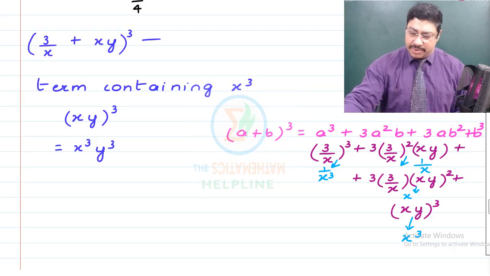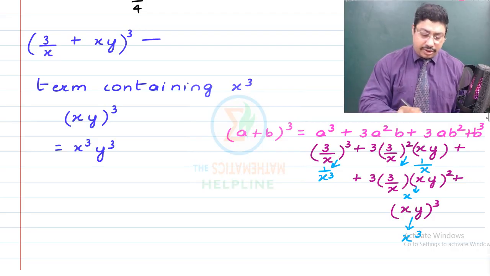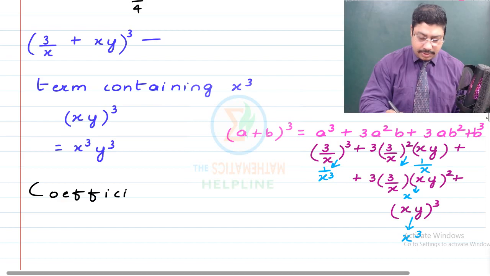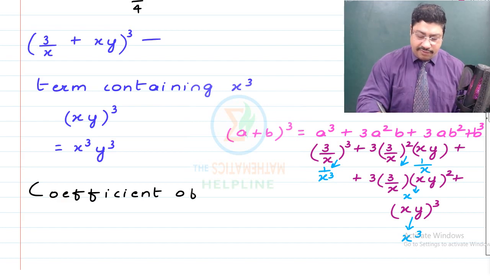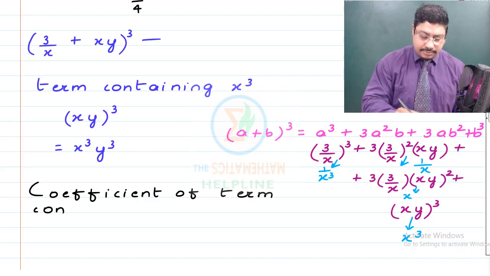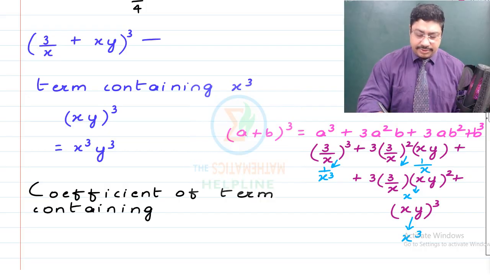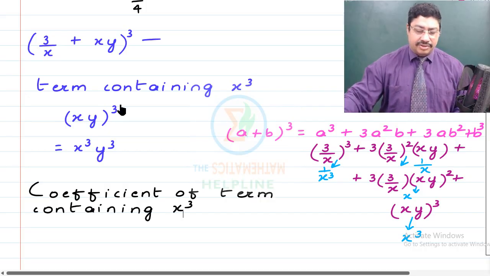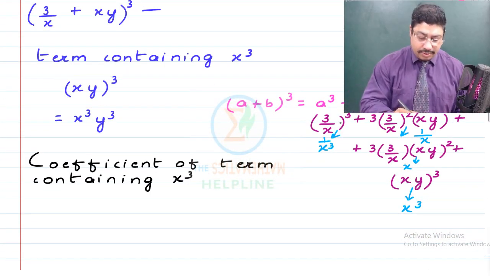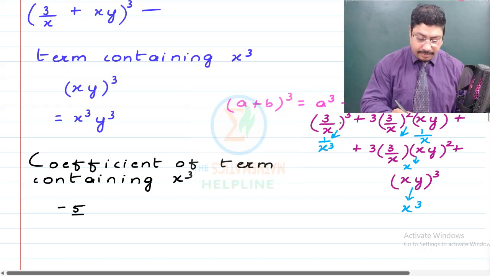So now children, next what we're going to do is we will now be talking about the coefficient of the term containing x cube, and that, children, is the first one that we had, minus 5 upon 4 x cube, right?